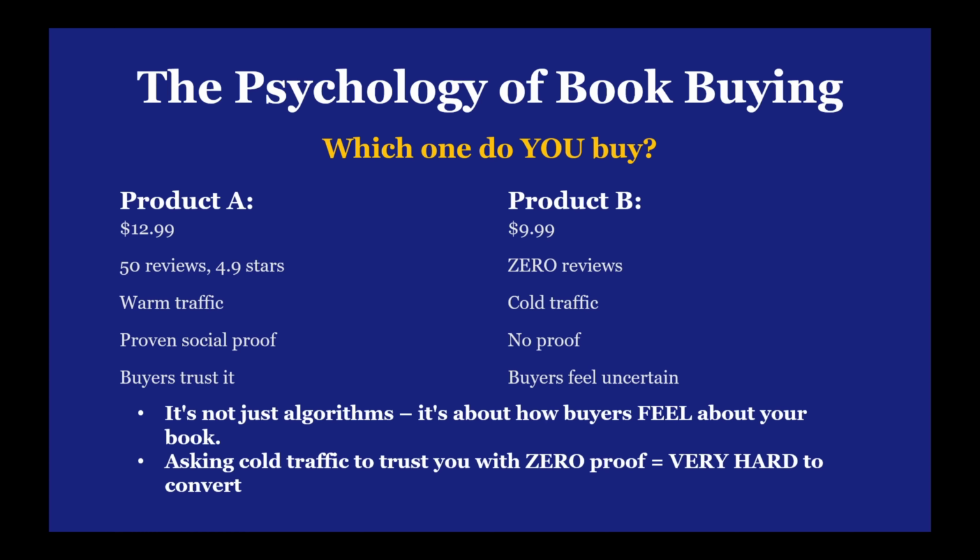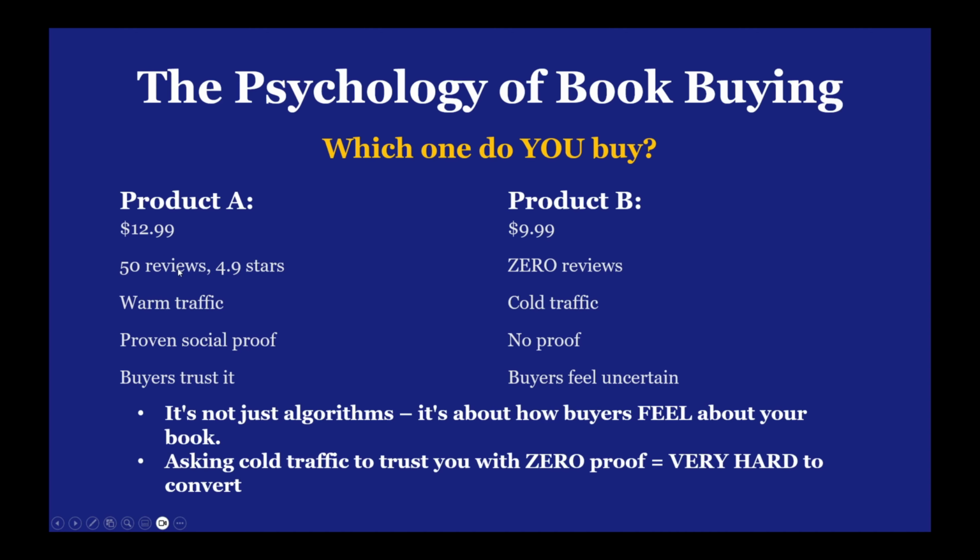A lot of publishers seem to overlook this very important factor, because remember, you've got to convince someone to purchase your book almost within a split second of seeing it. Okay, I'm convinced, add to cart, job done. In this case, when product A runs ads, it has favor from Amazon's algorithm, because you're actually running ads to warm traffic due to these reviews and past purchase transactions.